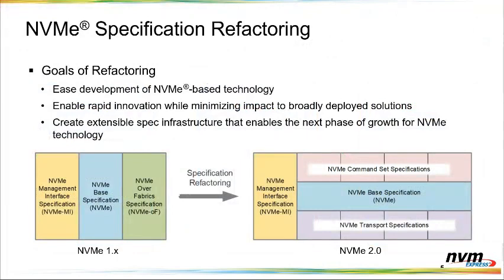But one of the things we came to find out is that as we wanted to add more command sets and as we needed to make distinctions for the different transports, the structure of our specification was limiting the way that we were getting work done. And it wasn't representing necessarily the architecture that we were looking for within the NVMe spec itself.